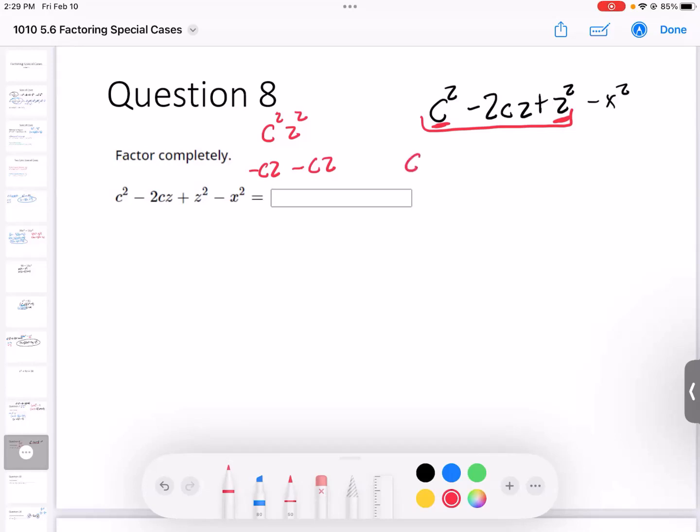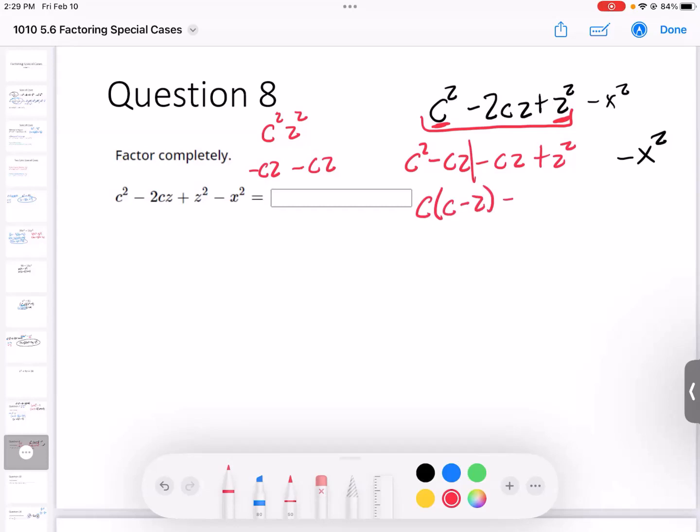So I'm going to rewrite that as c squared minus cz plus z squared. And I still have this minus x squared out here, but I'm just going to ignore that for right now and focus on factoring just this. So I look at this and I say, okay, well, if I split that into two groups, I get c times c minus z.